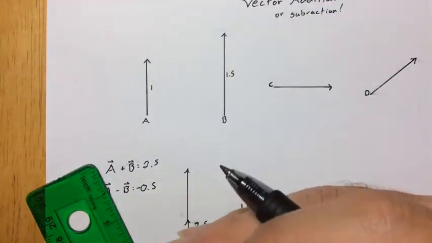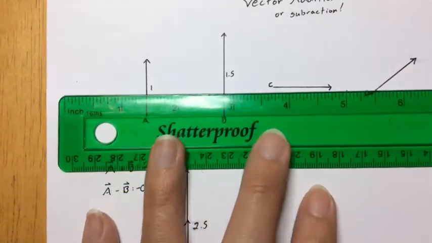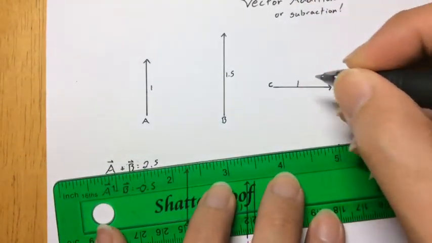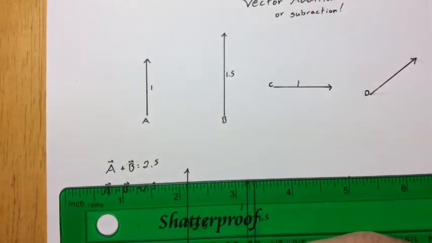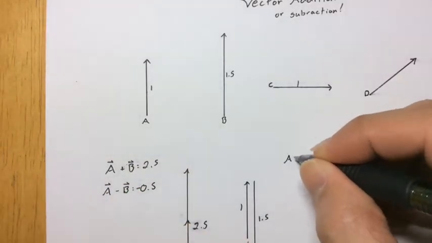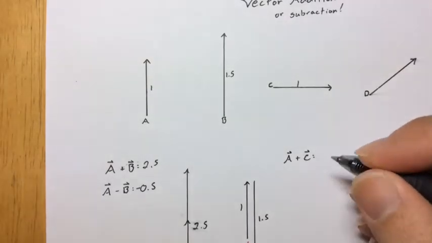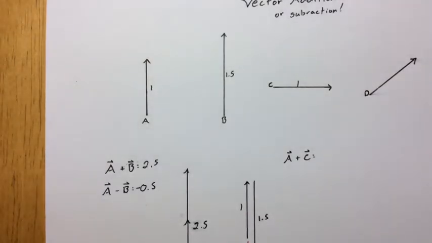But what if we had vector A and vector C? Vector C is essentially the same thing as vector A, except it's not going up, it's going to the right. So what if I said, let's take A and add it to C? You might say, well, A is 1 and C is 1, so let's just add them together. That might be 2.